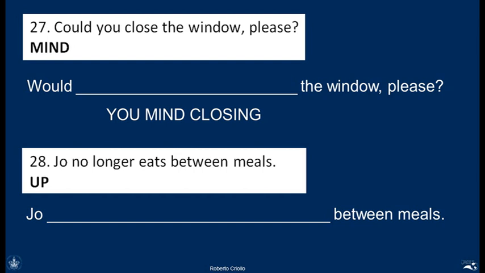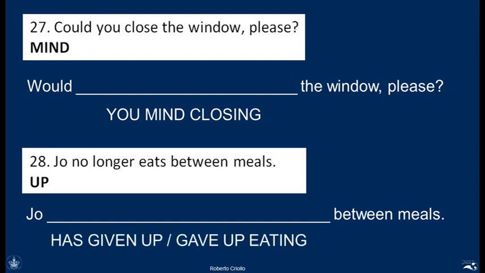Let's look at 28. Joe no longer eats between meals, and we have to use the word up. Then we have again the word Joe, the blank, and then between meals. So if you see here, we need to use a multi-word verb: if he no longer eats between meals, that means that he has given up eating between meals, or that he gave up eating between meals.